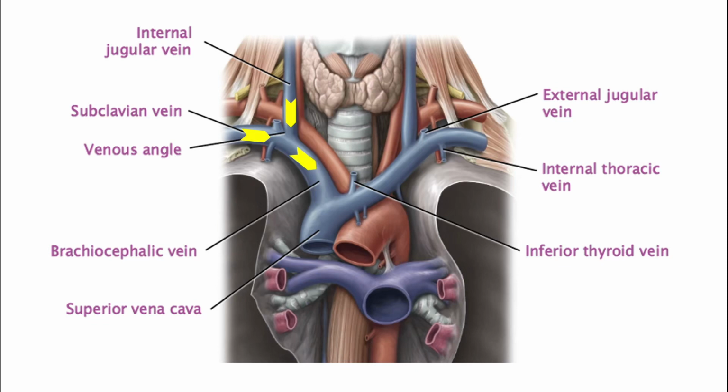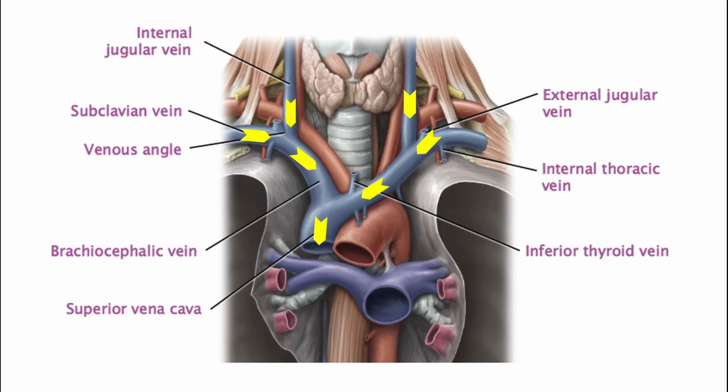This is on the right side. The same thing is going to happen on the left. This is the internal jugular vein on the left side, and this is the subclavian on the left, and they meet and form a left brachiocephalic vein.